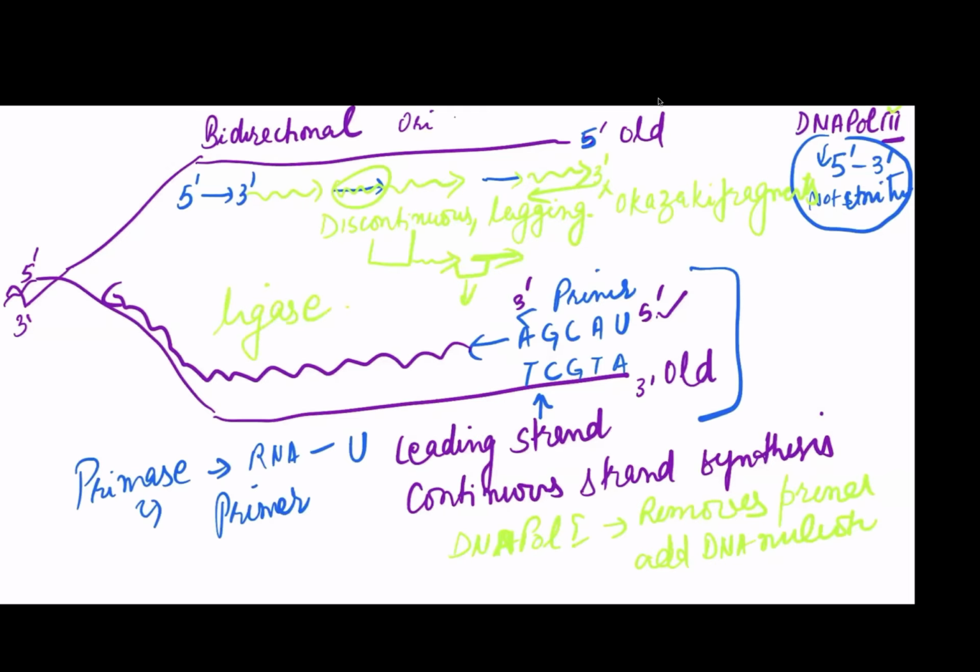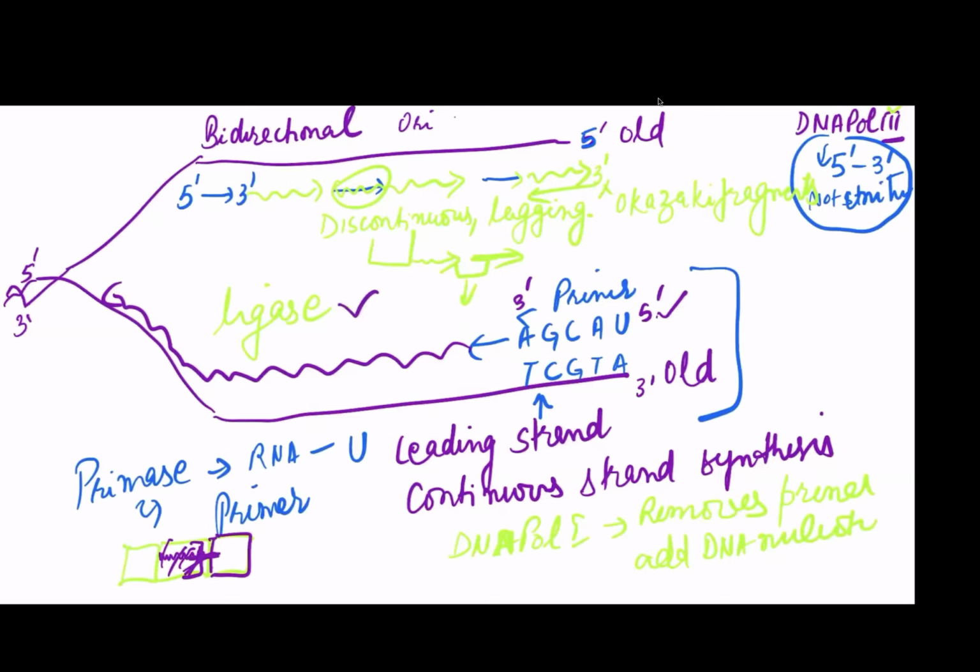It's like you have two bricks here and let's say three bricks. You remove this one away and now you start adding something from this side. So you keep on adding, but here you stop. And there is a gap between this brick and this brick here. To attach them to one another, there is another person who is coming and doing the job. And we call this a ligase enzyme.